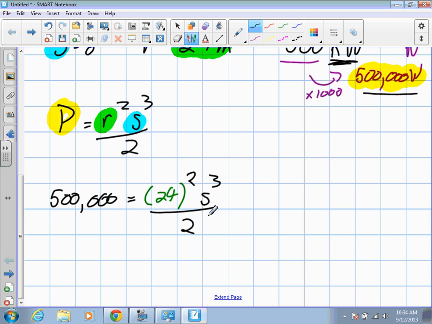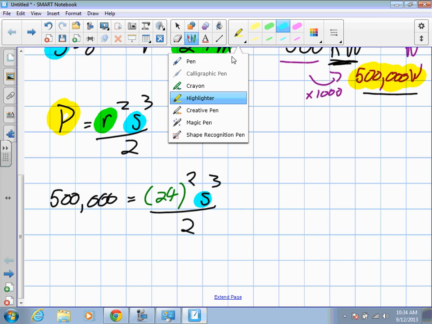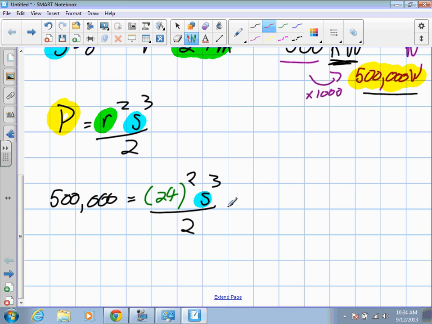Okay, so remember the goal we said here was to isolate for S, and we have all of these values. I'm going to bring 2 over to start. Because 2 is divided by on this side, when I move it over, it needs to be multiplied. That's right. So what's 2 times 500,000? That's right, 1 million. So we have 1 million is equal to, we'll still have to square 24, S cubed.